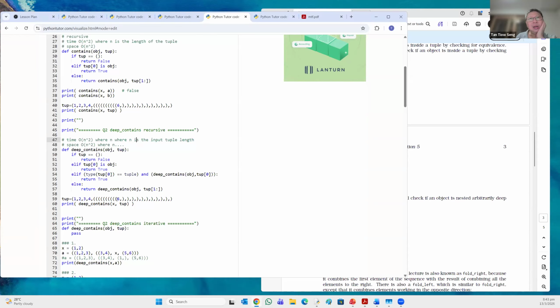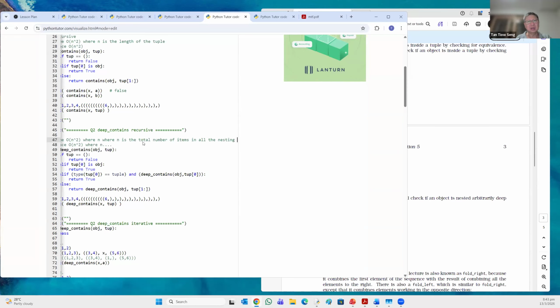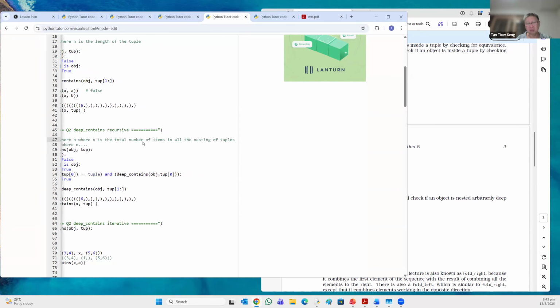You agree? Yeah, agree. Okay, so this is not correct. N is the total number of items in all the nesting of tuples.